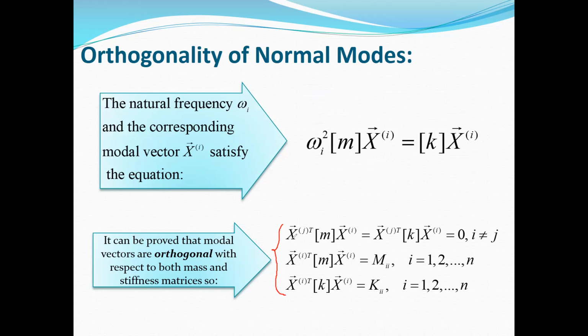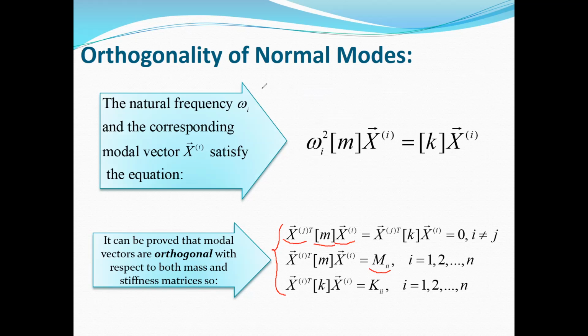When we have orthogonal vectors, it means that this vector transpose multiplied by the matrix M, multiplied by the other vector, must be equal to 0 when i is not equal to j, and it must be equal to the diagonal component when i is equal to j.